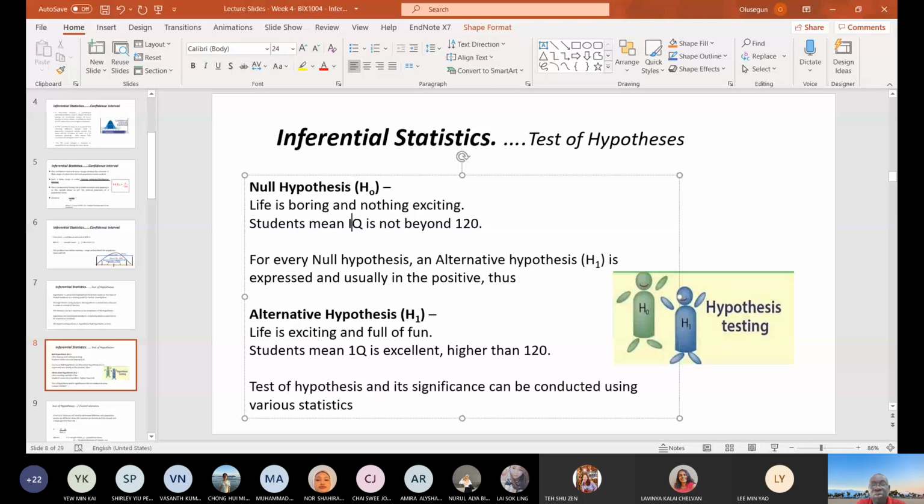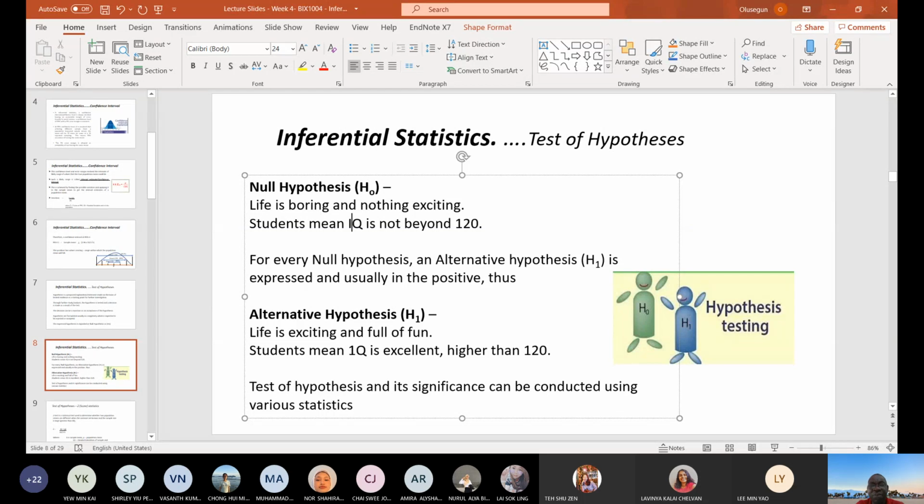So we will look at data, and what kind of data will give us an answer to that question. Then we'll look at whether the IQ is beyond 120 or not. So we measure the IQ of a lot of students.